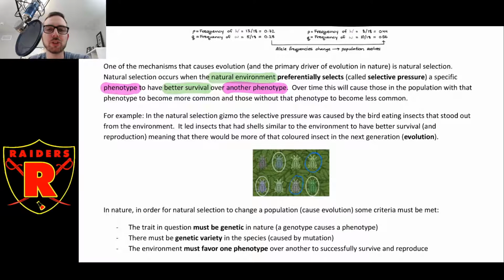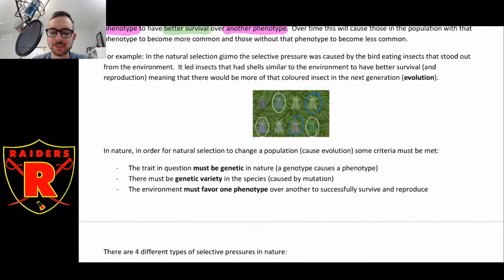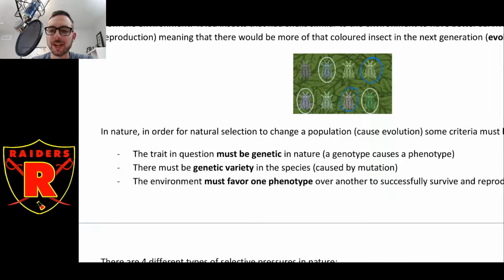Something in nature is choosing what things are going to survive based on some genetic trait. So the key thing here is that the trait you're talking about has to be a genetic trait, obviously. If we're talking about something that is purely environmental, like for example, due to nutrition, some members of a species are going to be larger than other members because they just happen to find more food, that's not genetic.